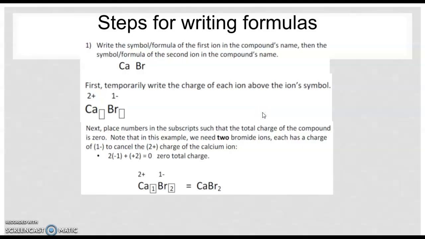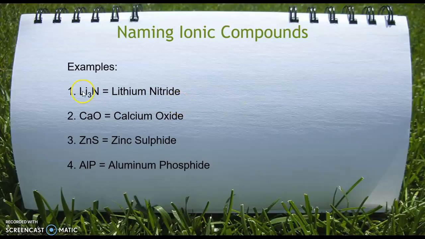Okay, easy, right? But we have seen here that for some of these ionic compounds, we don't just stick the symbol of the metal next to the symbol of the non-metal. This is true for these three examples: we're just putting the calcium symbol next to the oxygen symbol, the zinc symbol next to the sulfur symbol. But this is not the rule, because we see here what we call a subscript, and a subscript tells you the number of atoms or ions in the formula.